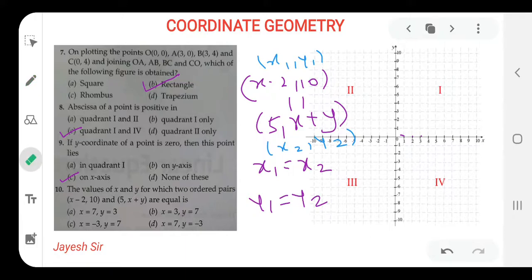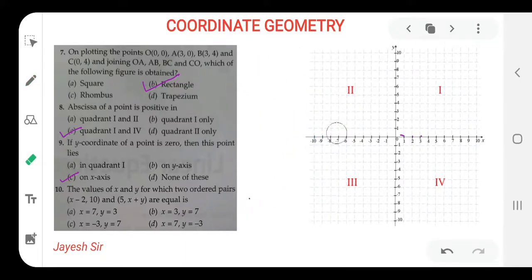So after that we can write the values of x1 and y1 and solve the sum. The value of x1 over here is x minus 2. The value of y1 is 10.